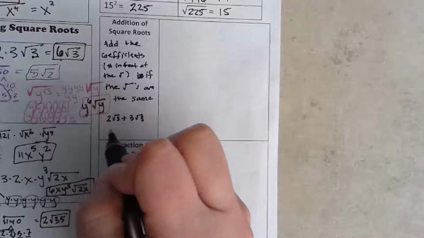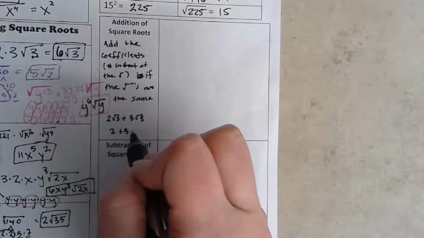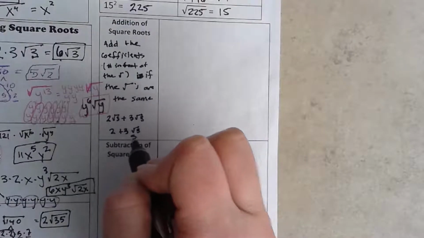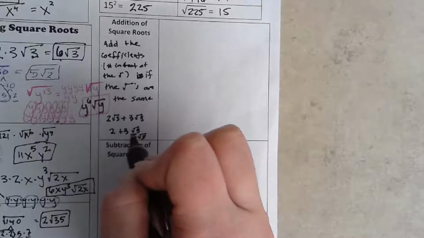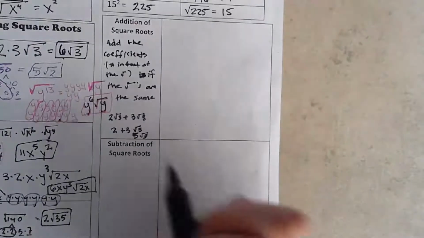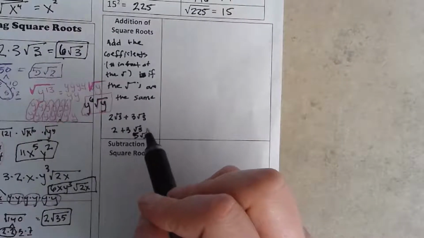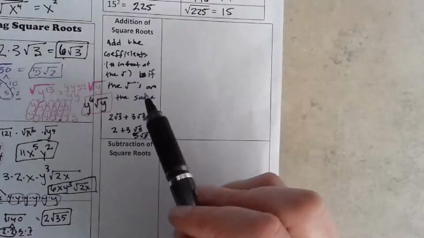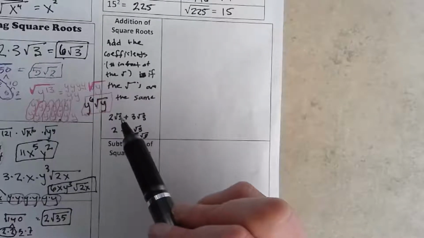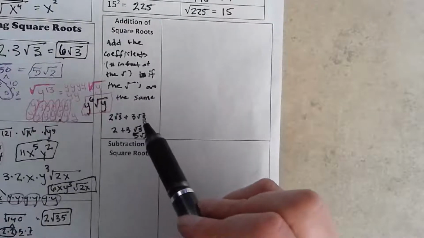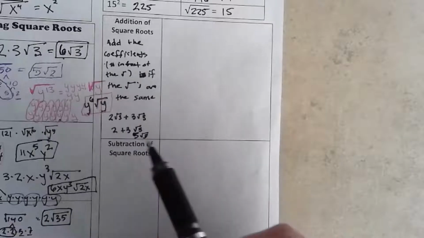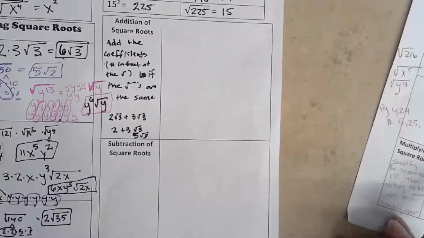So this would become 2 plus 3 square root 3, so 5 square root 3. It's a very simple example. But the big thing is that the radicals, the square roots, have to be the same.